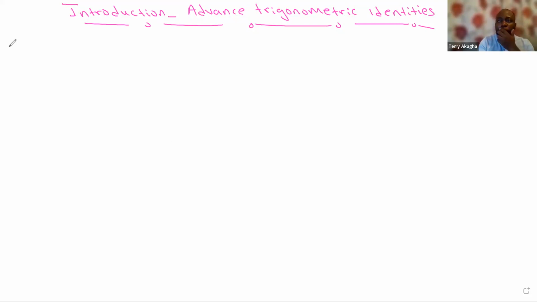Okay. So the first one, in that video we talked about SOHCAHTOA. If you remember, SOHCAHTOA is how you get the trig identities. So I told you that sine theta for SOHCAHTOA is opposite over what? Hypotenuse. Okay.